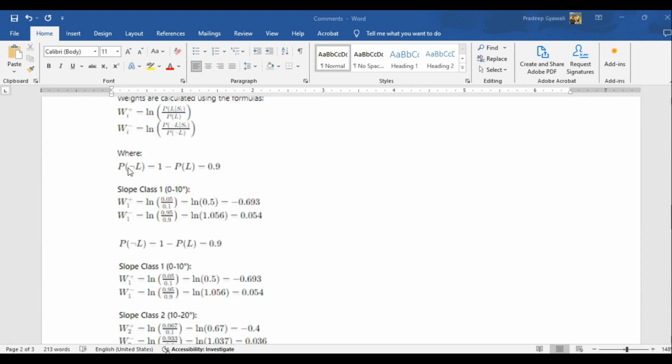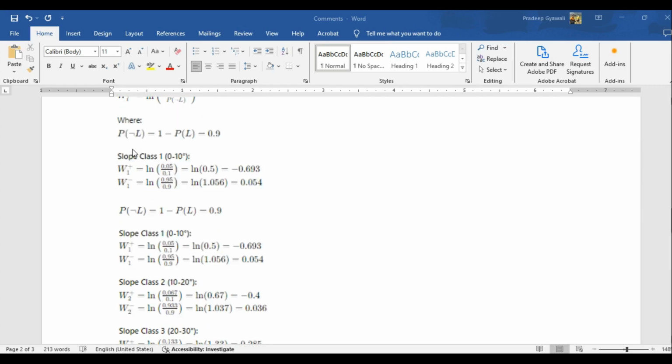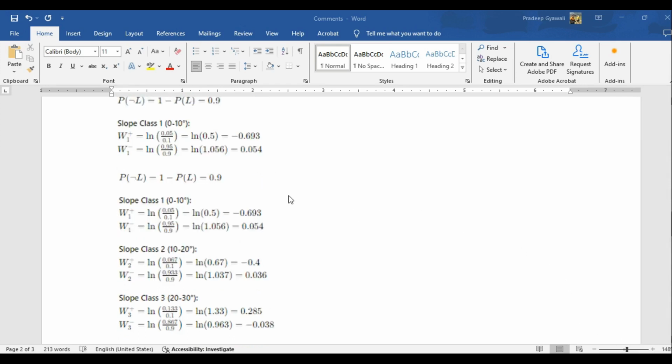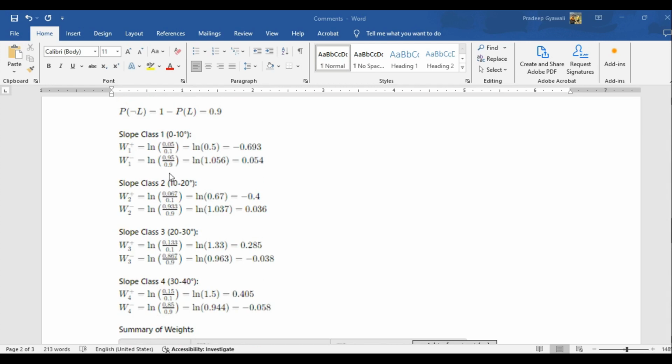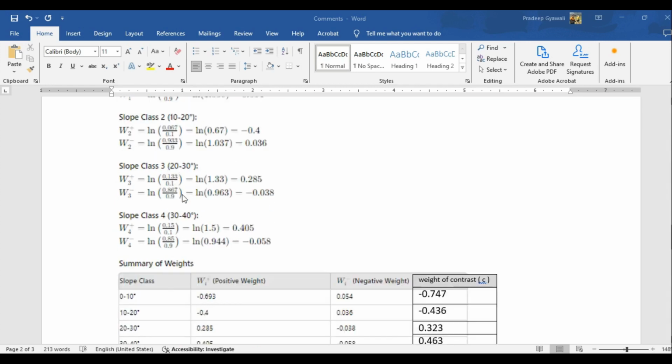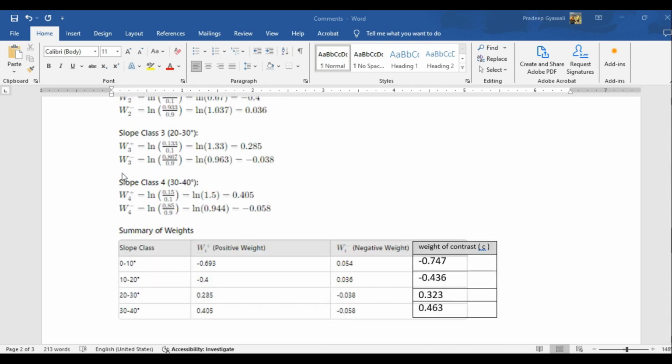Where the no landslide occurring areas means 1 minus landslide occurring areas. We understood this part. Now for slope 1, sorry, class 1, and for the second class, we got this result, and all results are obtained using this step.